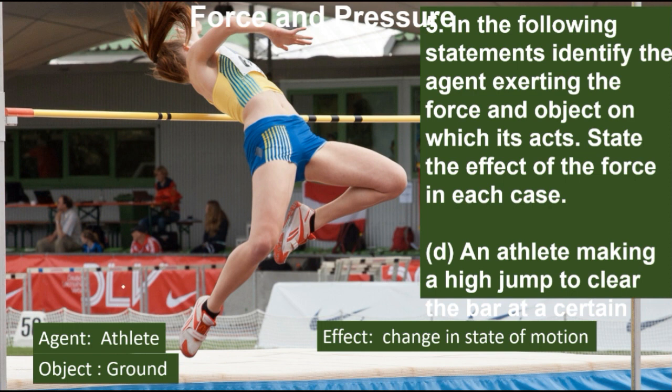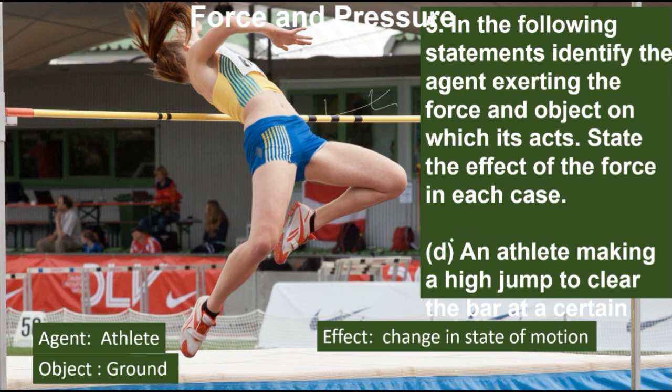What we do is take a run for some time, and then suddenly we push the ground, and when we push the ground vertically, our body gets up, right? And then when we jump up, we clear the bar here. This athlete is doing the same thing.